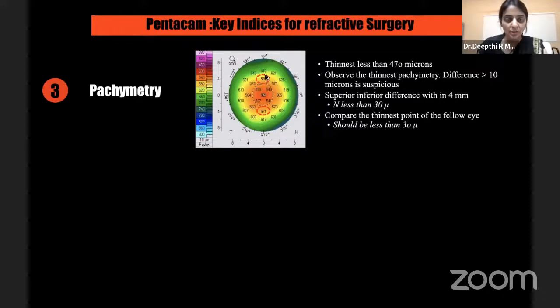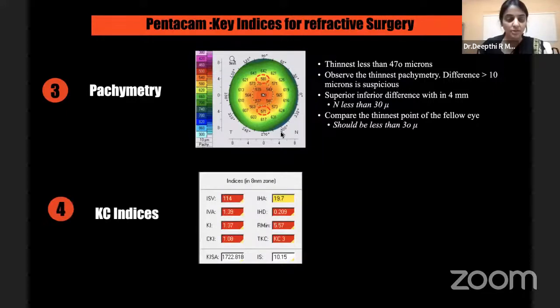Whenever you look at the pachymetry, look at the 4 mm zone and the superior and inferior pachymetries, and the difference should not be more than 30 microns at the 4 mm zone. Also note that the thinnest pachy should not be more than 10 microns less than the central pachy. And comparison with the other eye is extremely important. The thinnest pachy between both your eyes should not differ by more than 30 microns.